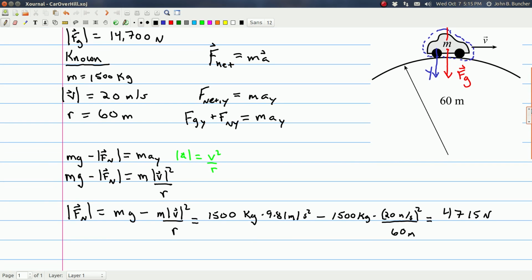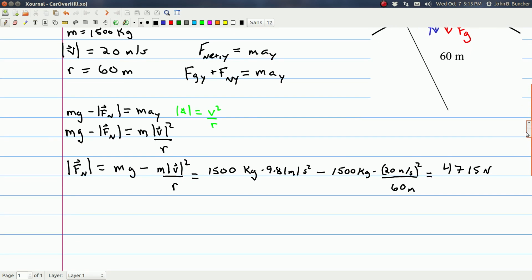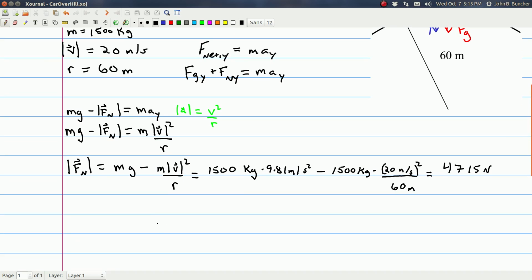So if I just draw it again here, let's go ahead and scroll this down a little bit. So I've got my car going over the top of the hill, and the car is moving in circular motion, so it's going through a path that looks kind of like that. Again, because it's in circular motion, we know the acceleration points down.